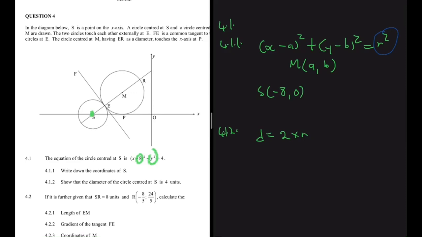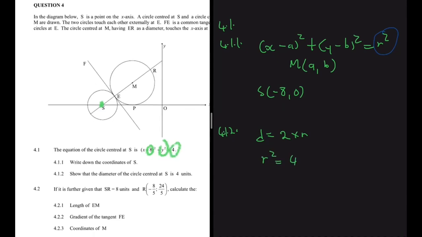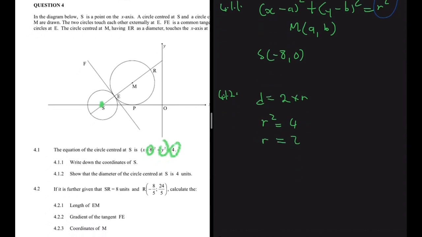So with r squared we can find r and ultimately find the diameter. So r squared is equal to 4, here it is right here. So r will be equal to 2. We take square roots on both sides. So d, the diameter, will be equal to 2 multiplied by r, which is 2, and this is equal to 4. So the diameter is equal to 4 units, and that's exactly what we are asked to show.